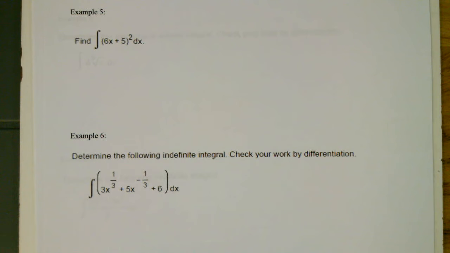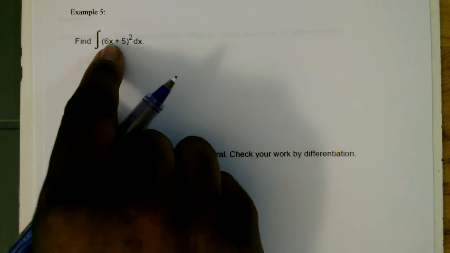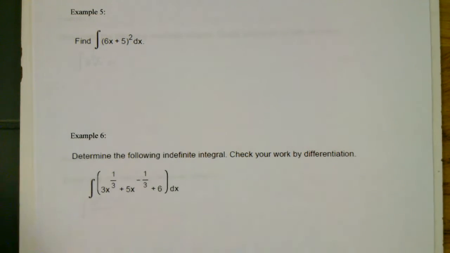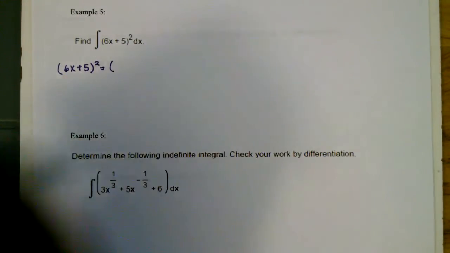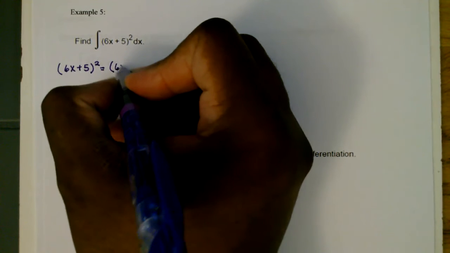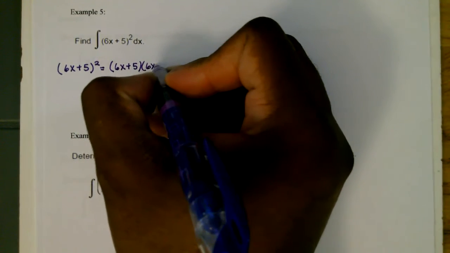To start this problem, I will have to go ahead and expand (6x + 5) quantity squared by just multiplying that out. I can write that as (6x + 5) times (6x + 5).